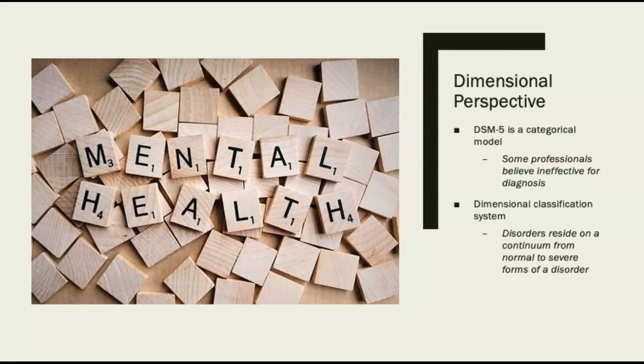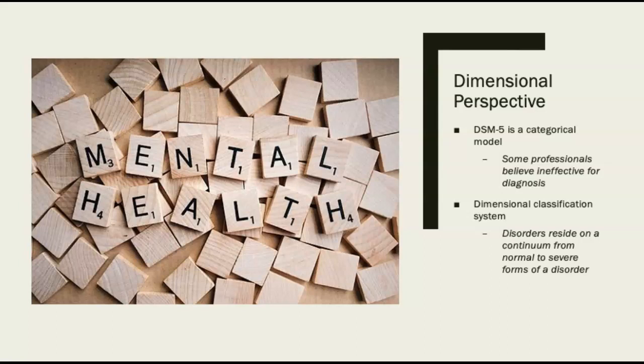This is just something for us to continue to keep in mind as we continue to dive into these different disorders and the DSM, and for you to begin to consider, does the DSM seem to fit for you, or does this continuum model make more sense for you?